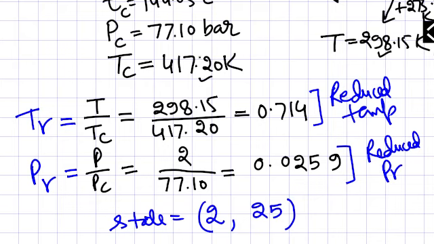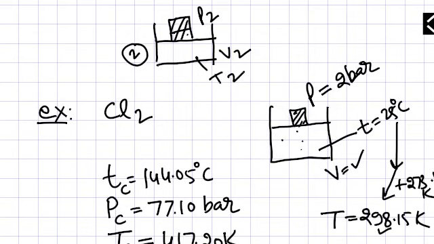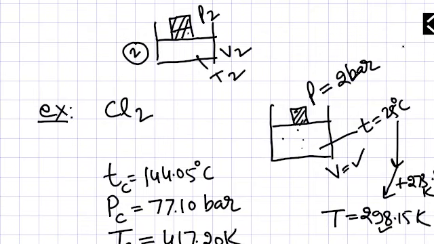You can use units here so that it does not create confusion. So 2 bar and 25 degrees centigrade is the state of the system here, as you can see this.